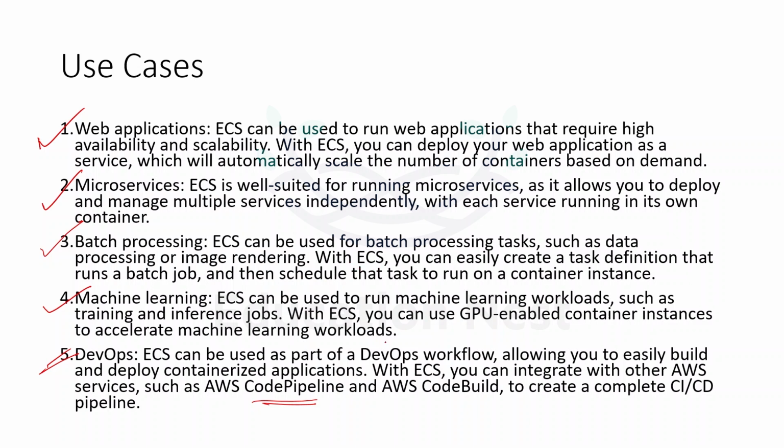So any changes done into the container image would be reflected into our containers by that pipeline. Okay, we create the pipeline. So any changes made into the source would be deployed into the production environment also. So that is our CI/CD pipeline. So these are the different use cases, not limited to this. Obviously, you can use the containers for various other use cases as well.